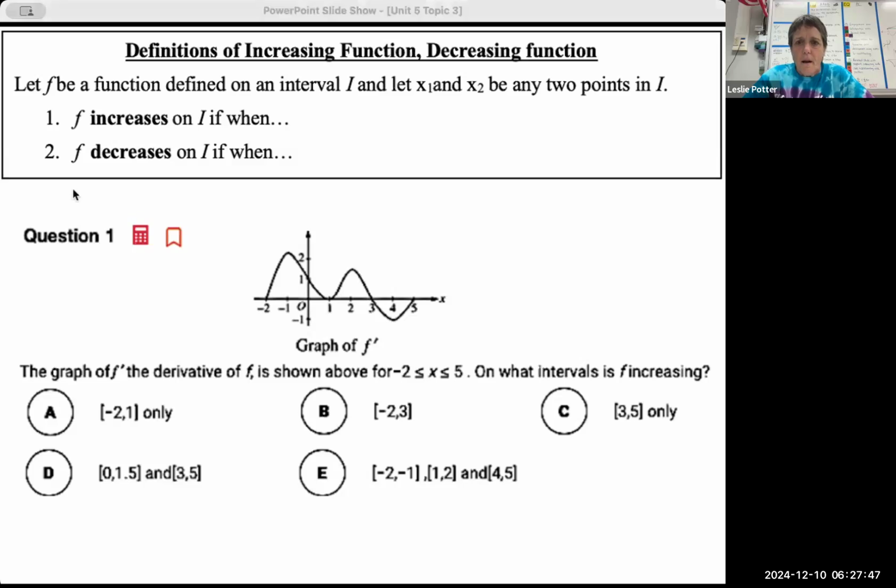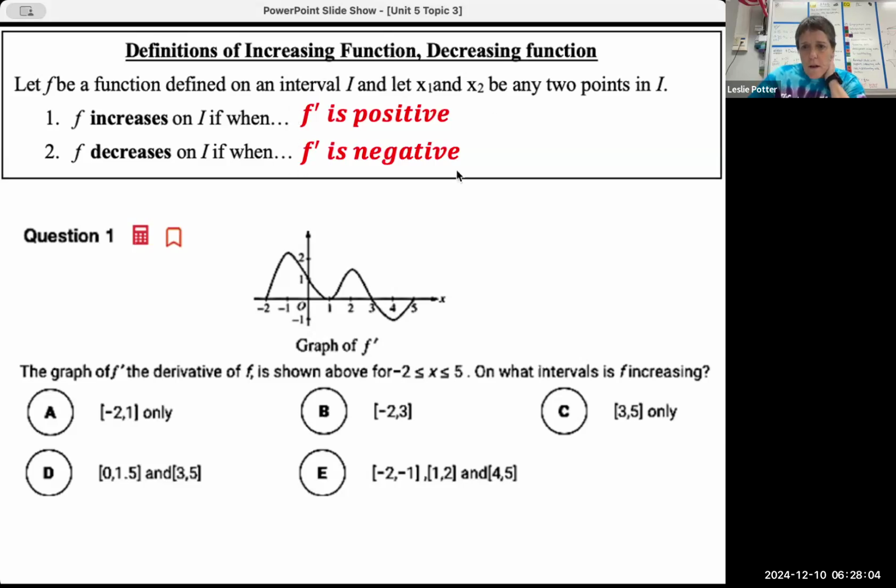So increasing on an interval I occurs when the derivative is positive, and decreasing on an interval I is when the derivative is negative. So if we don't actually have the function, then we can use the derivative and still make those same conclusions.